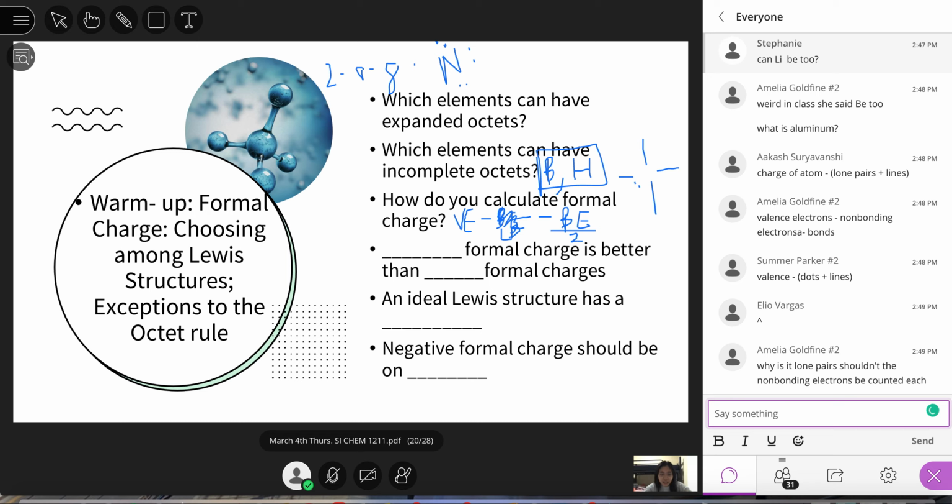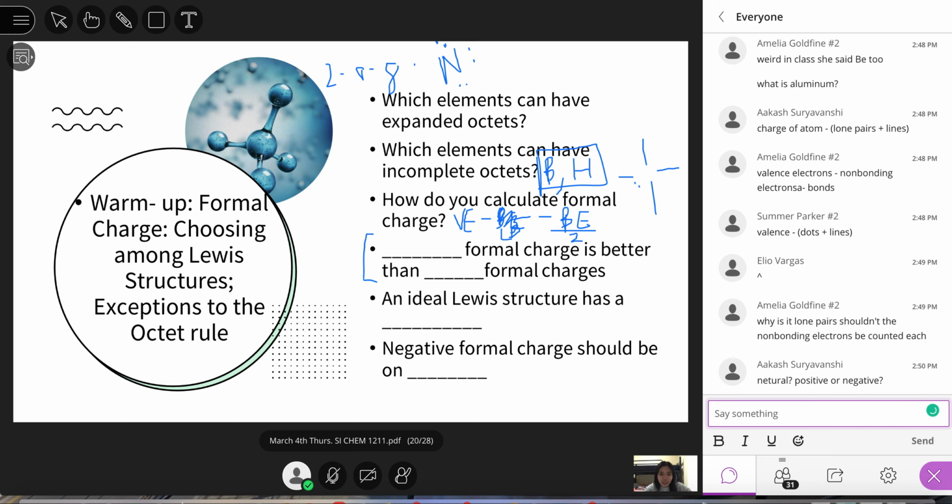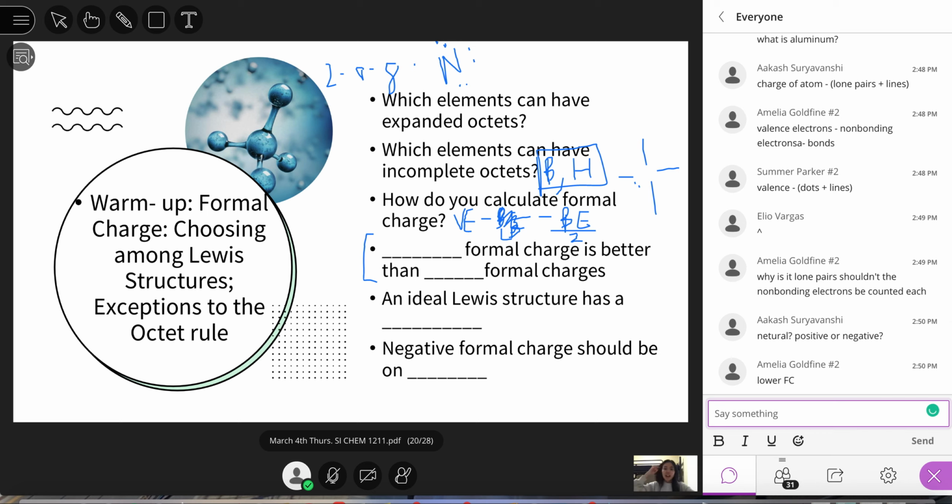Okay, so let's go on to the next one. Blank formal charge is better than blank formal charges.